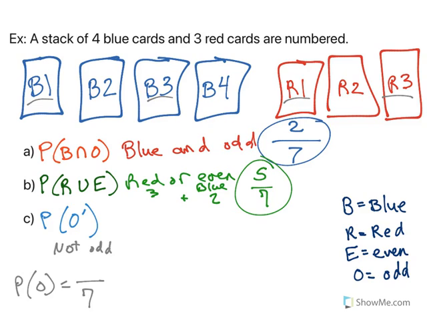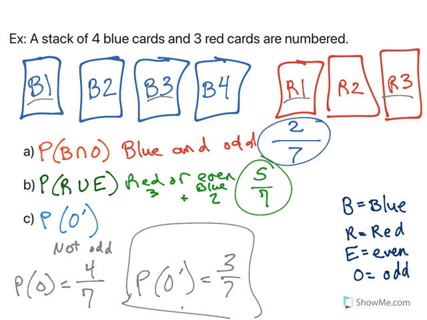Those are all odd numbers. So the probability of odd is 4 out of 7. So the probability of not odd is all the rest. So if 4 of them are odd, then 3 of them are not odd. So that's the idea of the not, it's everything that it isn't.